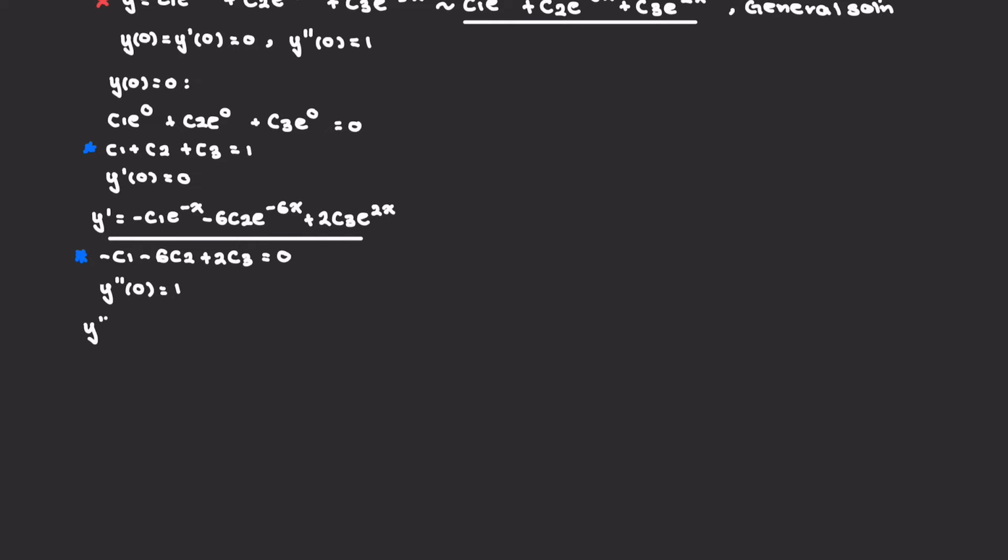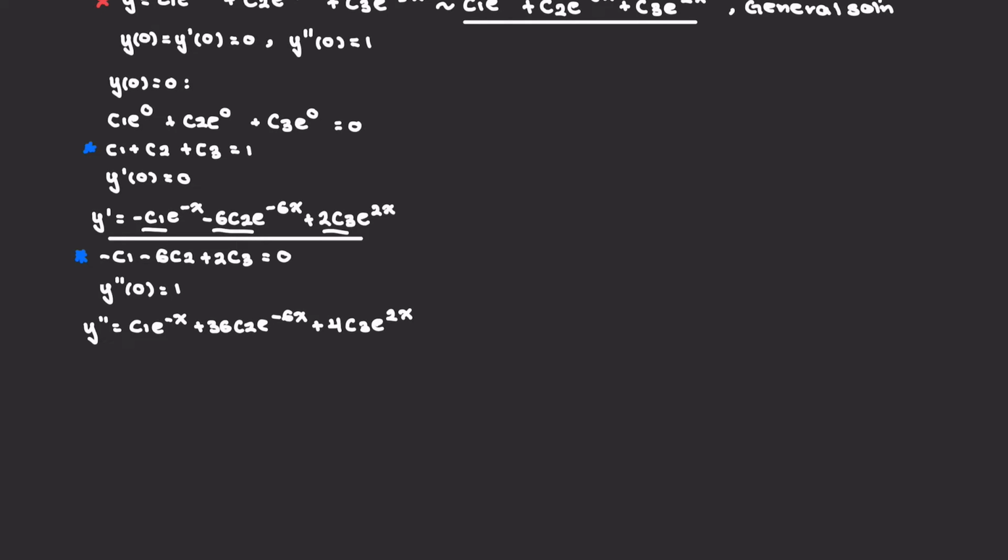So the second derivative of y is equal to: negative c1 e to the negative x is just going to be c1 e to the negative x, and then negative 6 c2 e to the negative 6x is going to be plus 36 c2 e to the negative 6x, and then lastly 2 times c3 e to the 2x is just going to be plus 4 c3 e to the 2x here.